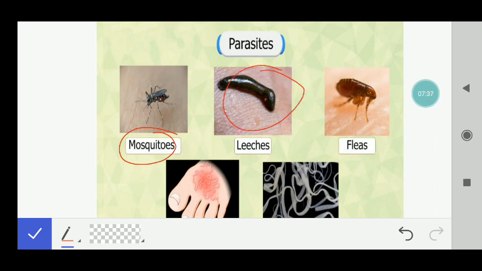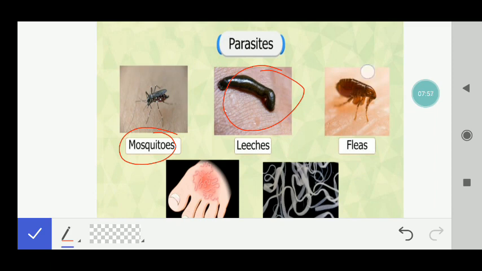Leeches suck the blood from fish, frogs, lizards, birds, or if they get a chance, they can suck blood from human beings also. They suck blood because it is a good food source for them. So it is clear that parasites depend on other living organisms for their food.